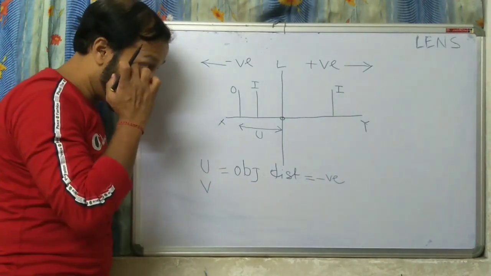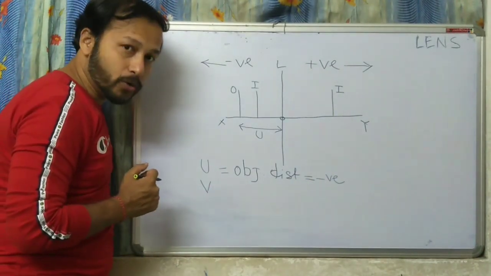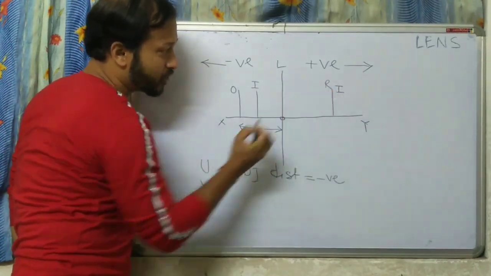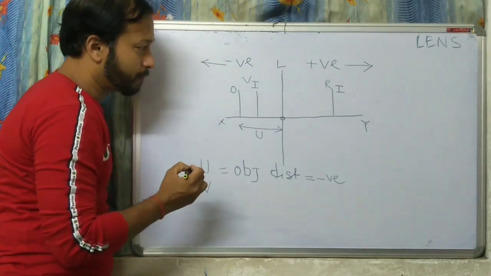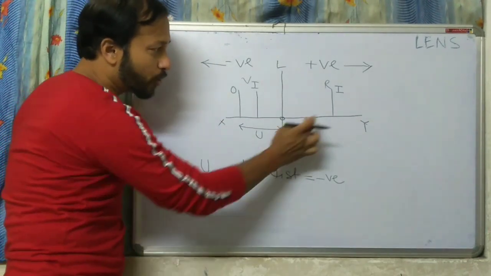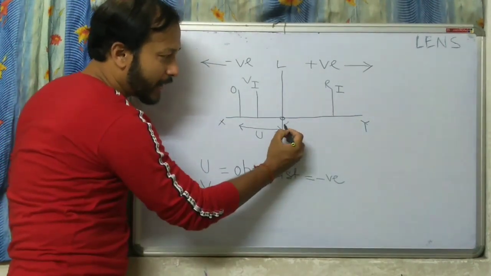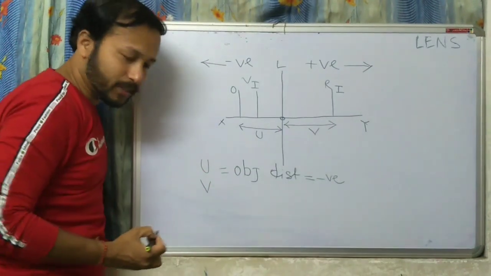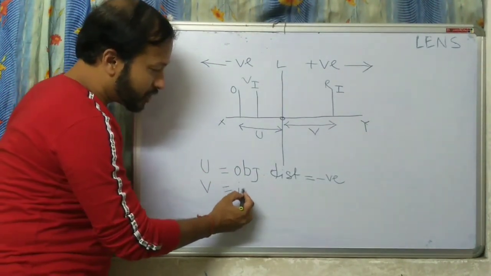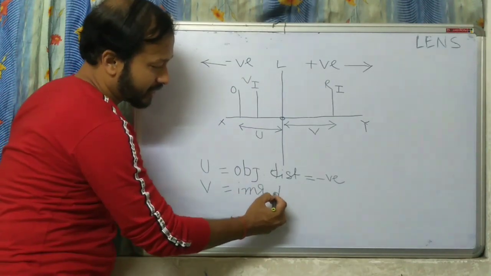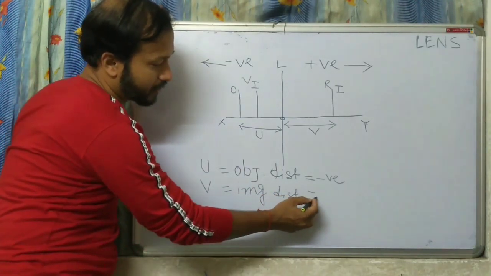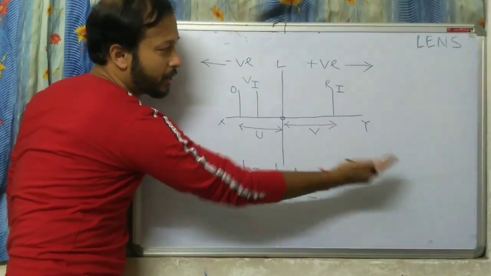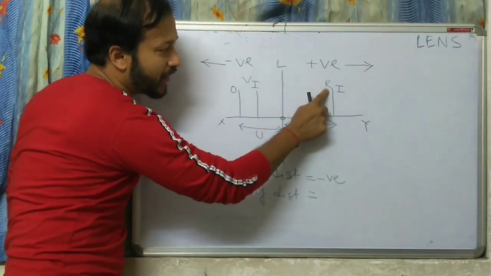Fine? Now, as I told you, you may get real image here. This is called real image and this is virtual image. So if you are getting your real image, that means this is your image distance which is V. So V is my image distance. If you are getting your image on that side, the positive direction, that is real image.